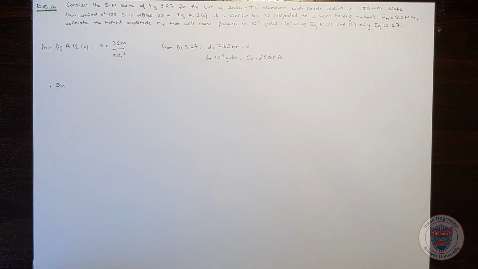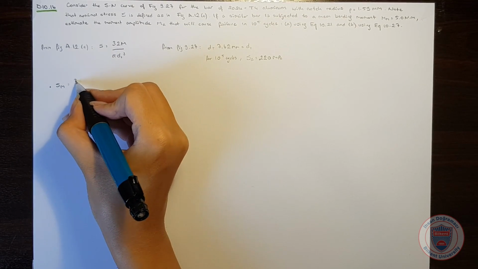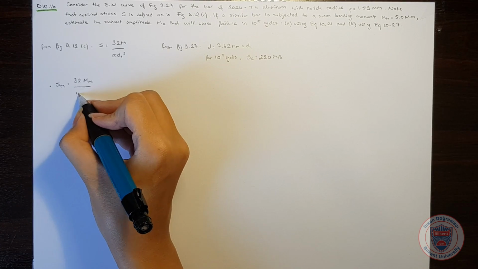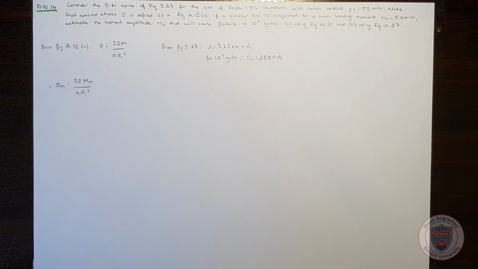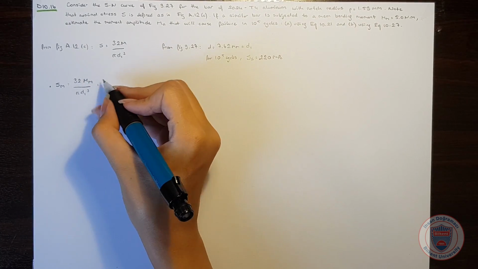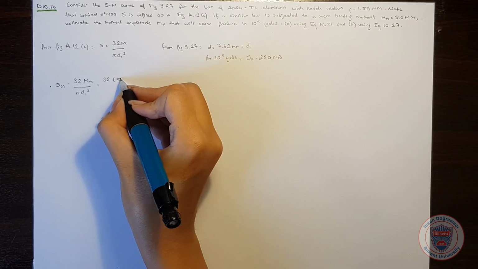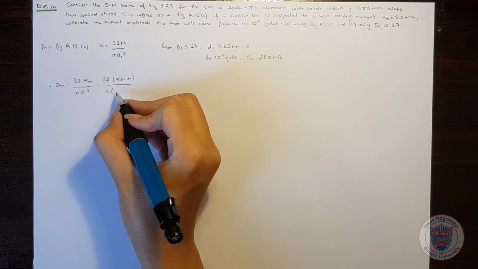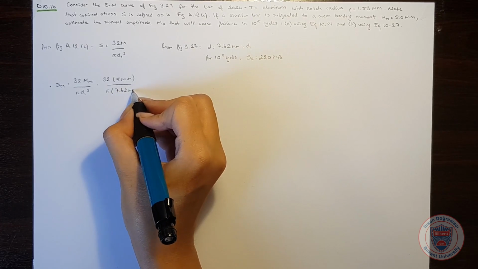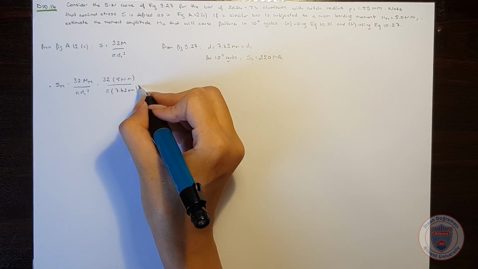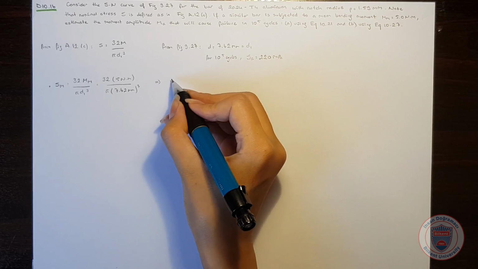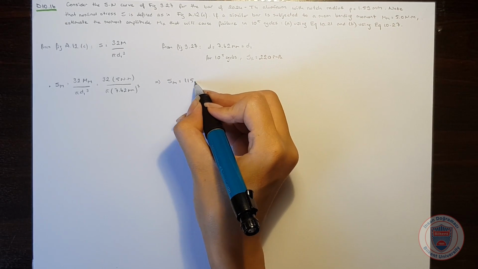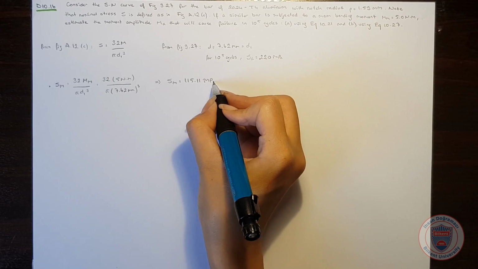The mean nominal stress will be equal to 32 times the mean bending moment over pi d1 cube, and it is equal to 32 times 5 Newton meters over pi times 7.62 millimeters cube. So that Sm will be equal to 115.11 MPa.